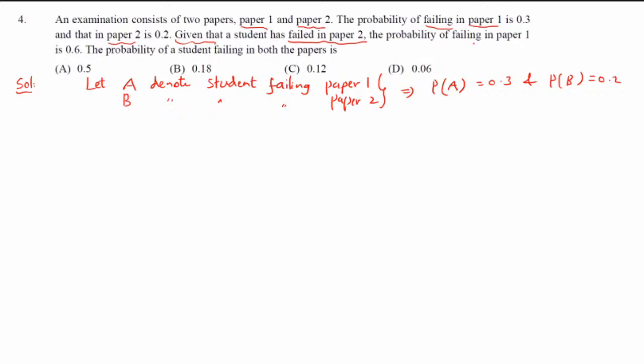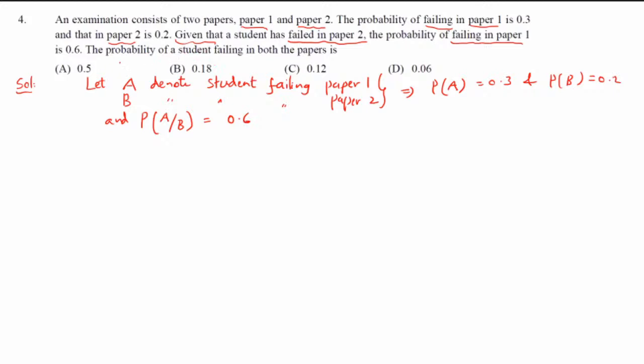The probability of failing in paper 1, the English language, verbal language, is important. From the second sentence, he already failed in paper 2. Paper 2 is event B, paper 1 is event A. So the probability of the student failing in paper 1, given that he already failed in paper 2, is the meaning, which is 0.6.